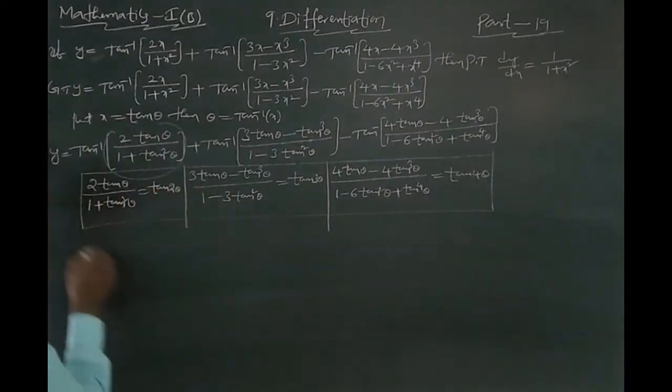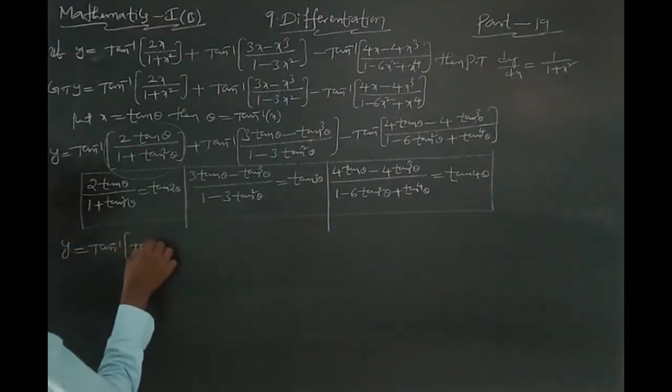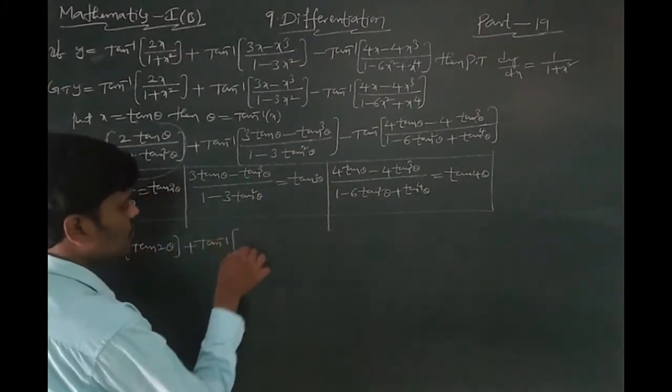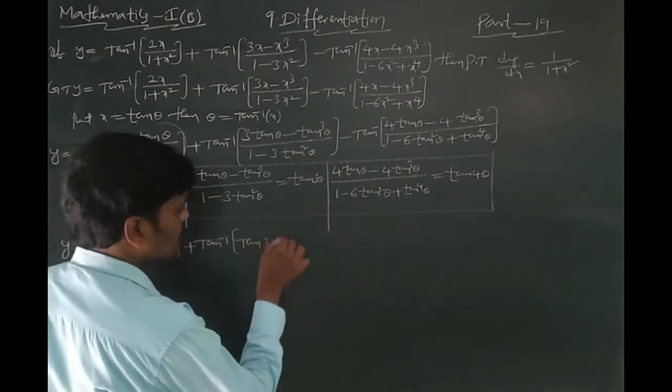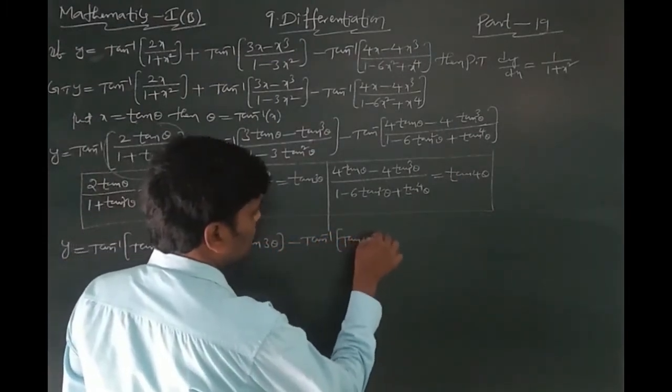You can write y is equal to tan inverse of tan 2 theta plus tan inverse of tan 3 theta minus tan inverse of tan 4 theta.